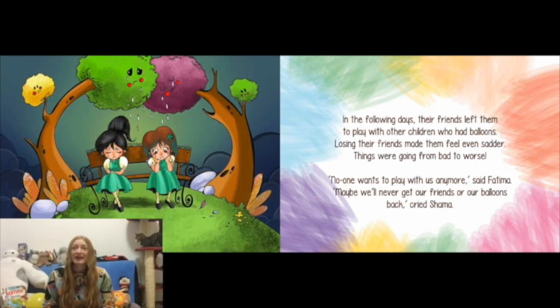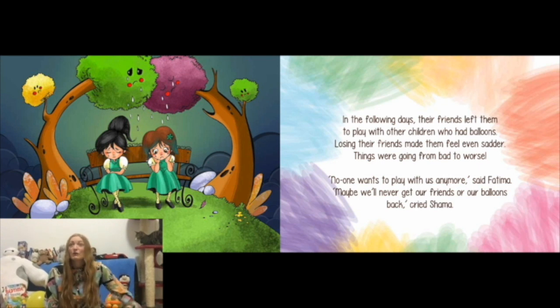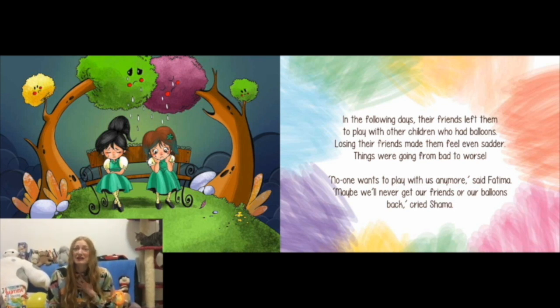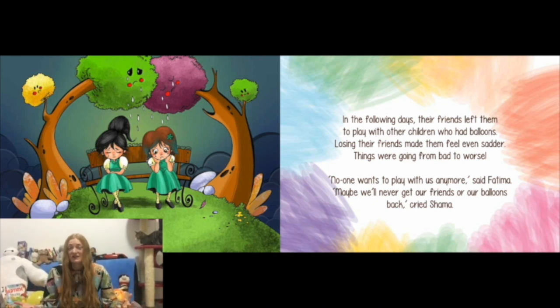In the following days, their friends left them to play with other children who had balloons. Losing their friends made them feel even sadder. Things were going from bad to worse.